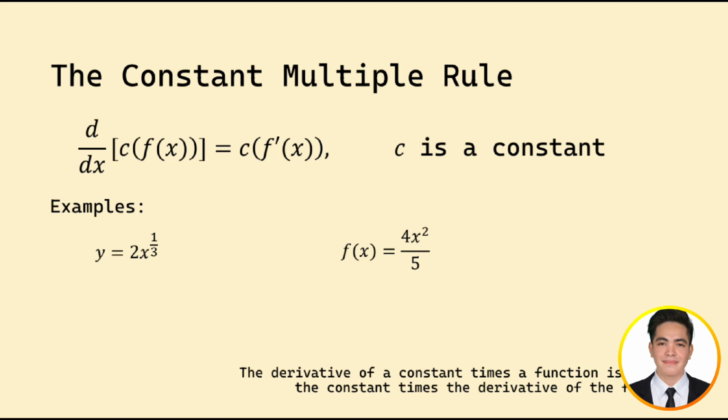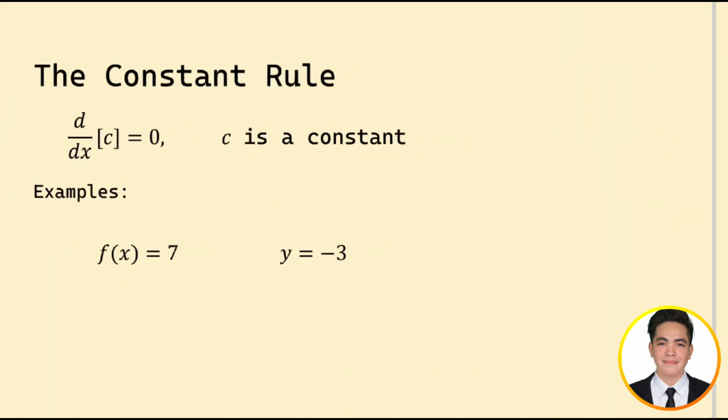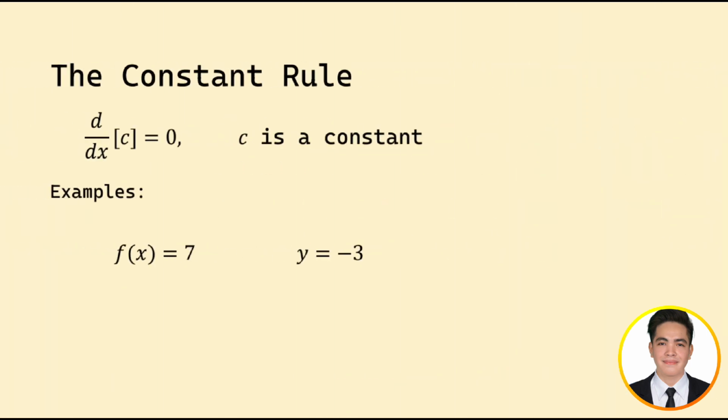So what does this mean? So ang una daw natin gagawin is, ito yung sinabi ko kanina na hindi to same. Hindi similar yung f of x equals 7x. This is not 0 times x or something like that.